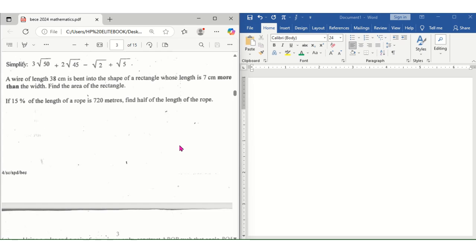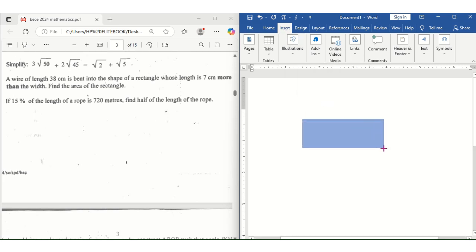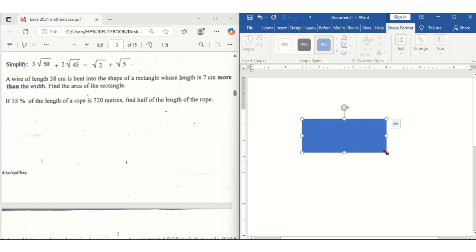So from this question, we can draw the rectangle to mimic or display the wire that was bent into the rectangle. We are going to draw the rectangle like this, which means that the wire was bent to form a rectangle.